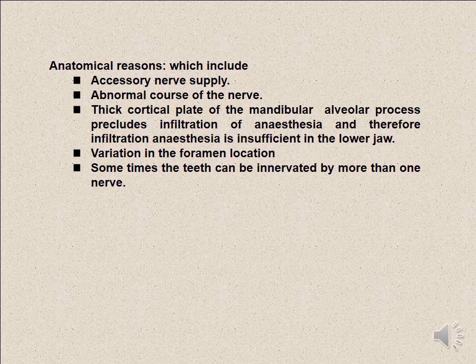The third cause is thick cortical plate of the mandibular process, which precludes infiltration of anesthesia, and therefore infiltration anesthesia is insufficient in the lower jaw. If the thickness of the mandible is more than normal, there is not enough local anesthetic solution to give anesthesia.